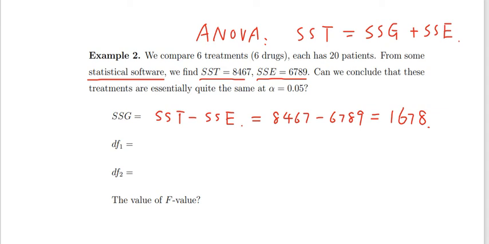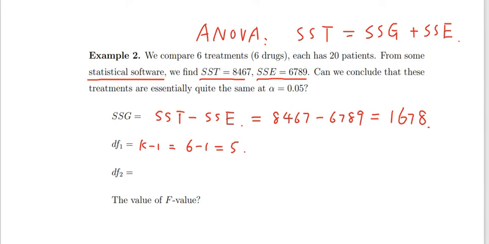Then degree of freedom df1: we just check how many groups we compare. This is k minus 1, where k is the number of groups. Let's say we compare 6 treatments, so we compare 6 groups. The degree of freedom df1 in the numerator is 5.